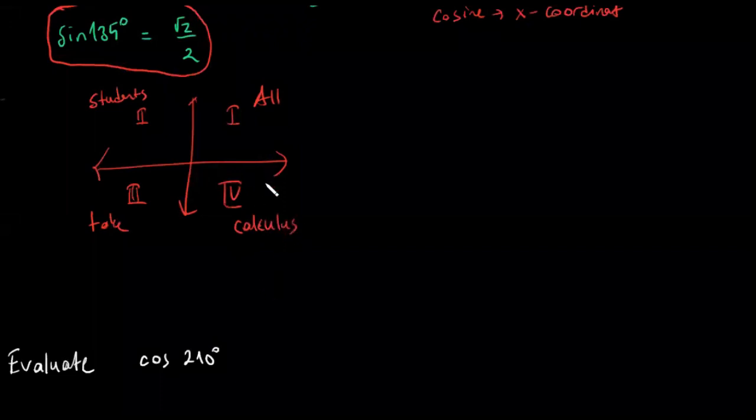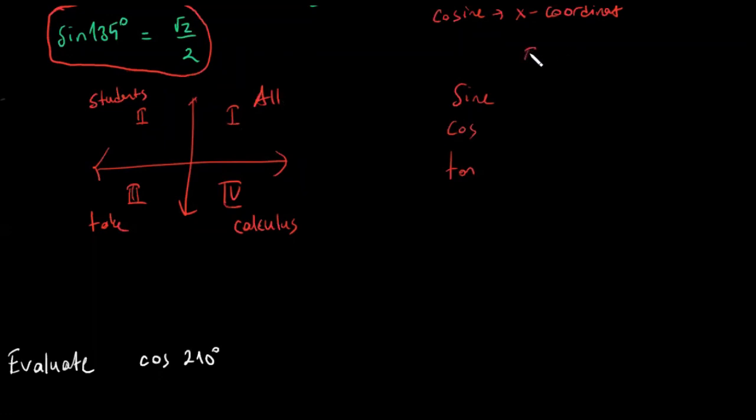So it is S for sine, T for tangent, C for cosine. Only sine is positive, only tangent is positive, only cosine is positive, among sine, cosine, and tangent. Cotangent is the same as tangent always.